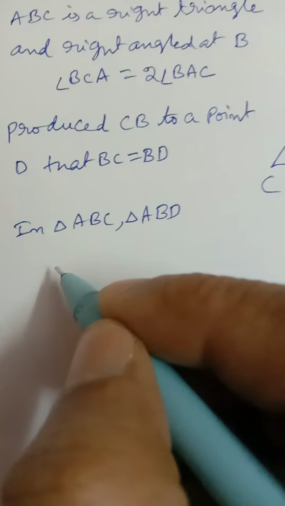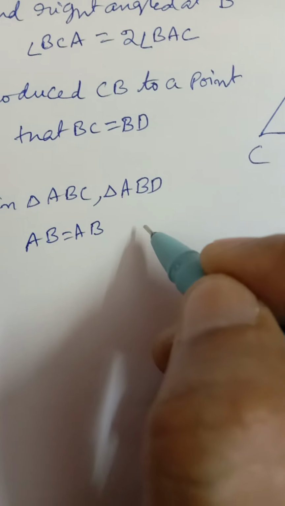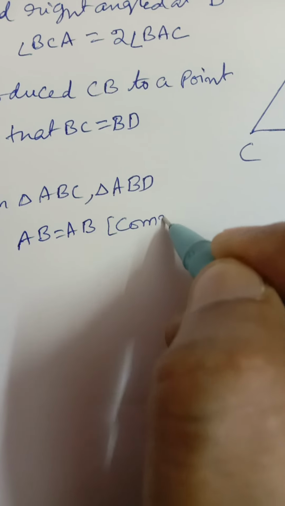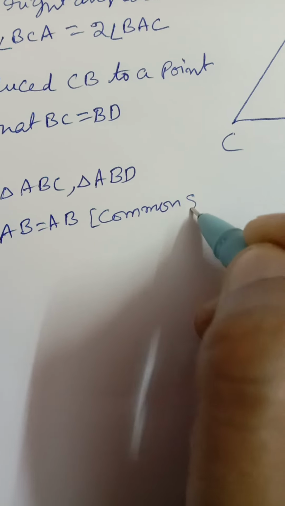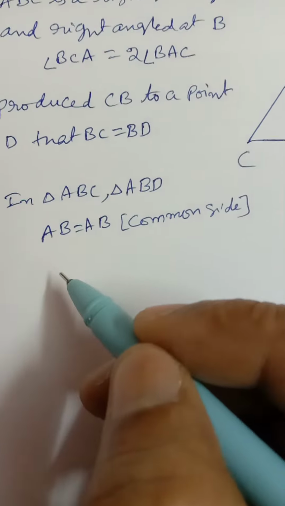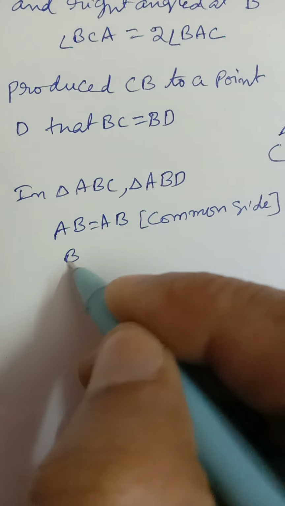AB is equal to AB, a common side of the two triangles, and BC is equal to BD, given.